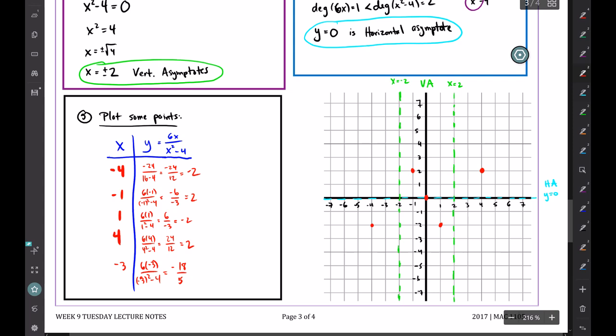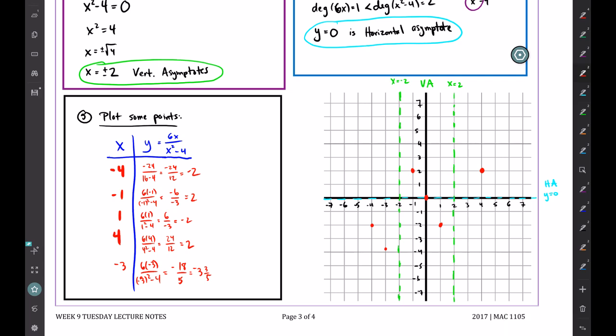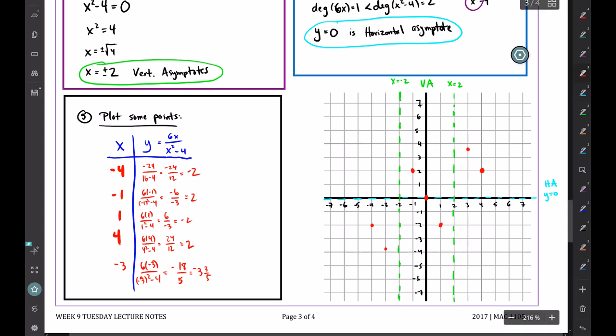So that's -18 over 5, which is roughly -3 and 3/5. That says that -3 would be somewhere down here. So that's (-3, -3 3/5). And if you keep on plugging in points, like +3, you'll get +3 and 3/5.